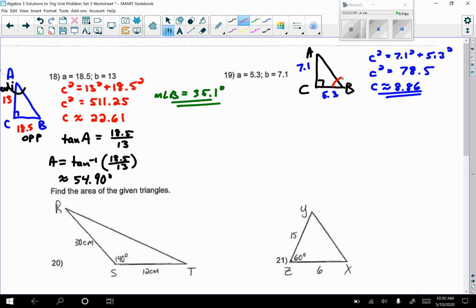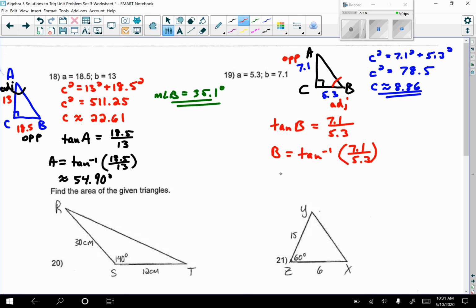Again, we have a choice, A or B. Either way, I'm going to use tangent here. So based off of angle B, I have 7.1 as the side that's opposite, 5.3 is the side that's adjacent. So we're going to say tangent of angle B is going to equal opposite, so 7.1 over adjacent, which is 5.3. So then B is going to equal the inverse tangent of 7.1 over 5.3.